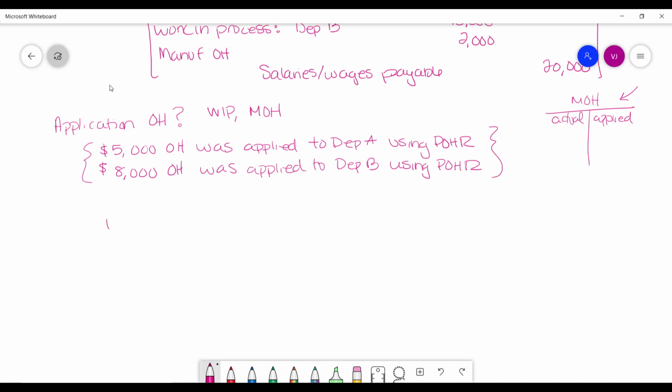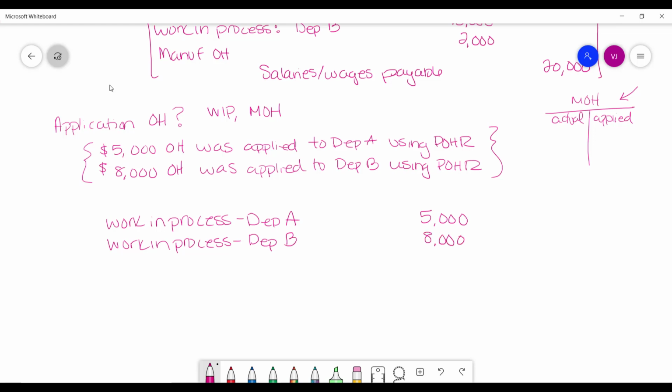So the first thing we would do here is we would debit work in process for Department A. We would debit that account for the $5,000 of overhead applied to that department. Further, debit work in process for Department B for $8,000.